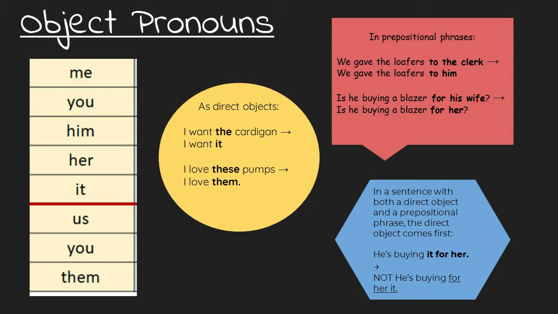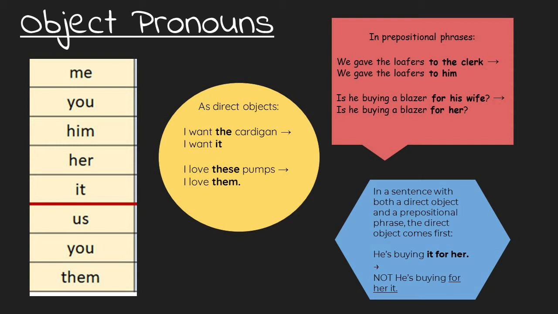Also we have "I love these pumps," right? In this case, we use them because pumps are plural, and the pronoun we use for the plural is them. Remember that we use the object pronouns to substitute a name or something like that.